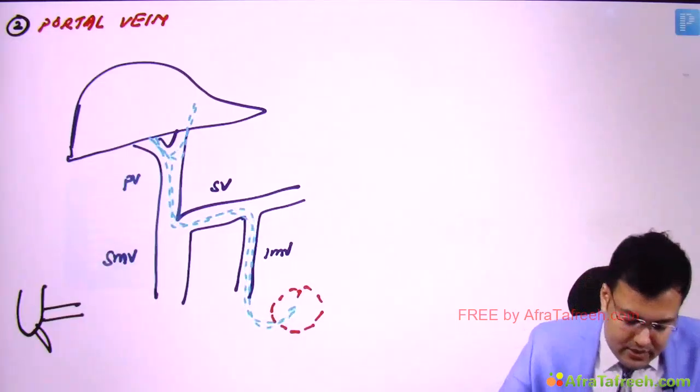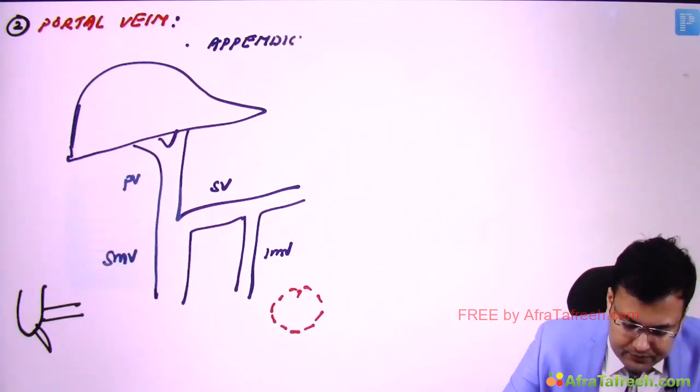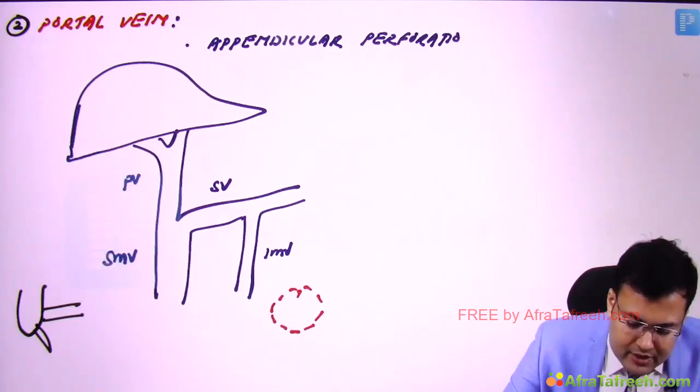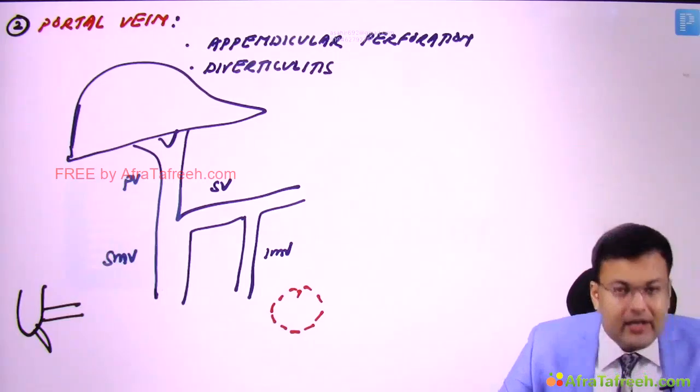The liver abscess. So in portal vein, this is the second most common route, and appendicular perforation or diverticulitis increases the risk.